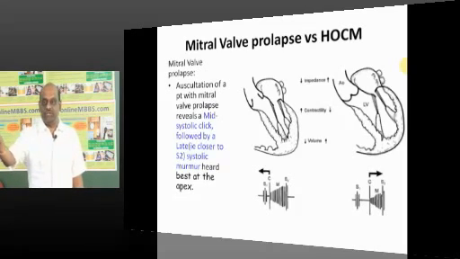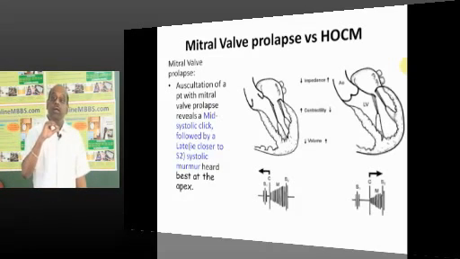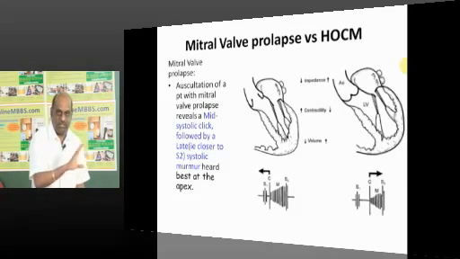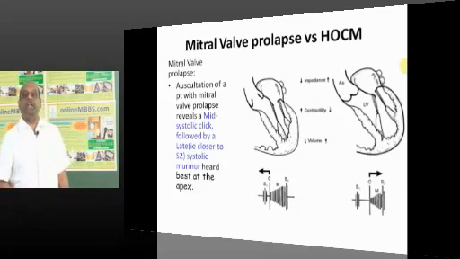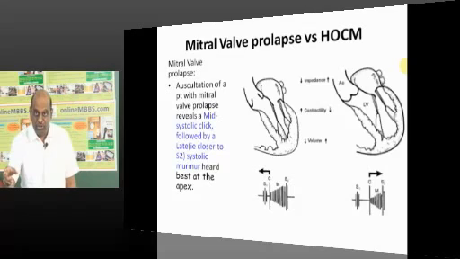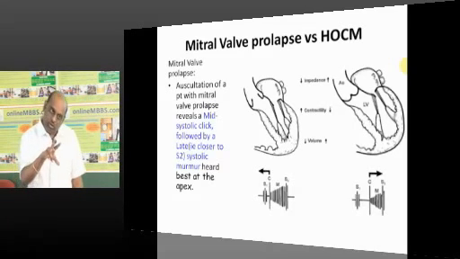In this case it is not pan-systolic because regurgitation is not throughout systole. But you have a systolic murmur in MVP with MR. You have a systolic murmur even in HOCM also. But how do you differentiate these two systolic murmurs? The systolic murmur of HOCM and also MVP, both will worsen. Both of them will worsen if you increase preload. If you decrease preload, both these murmurs will worsen.